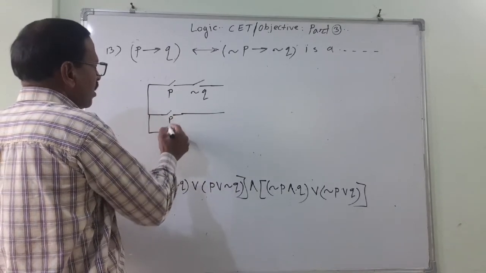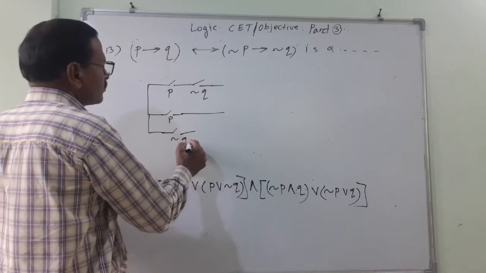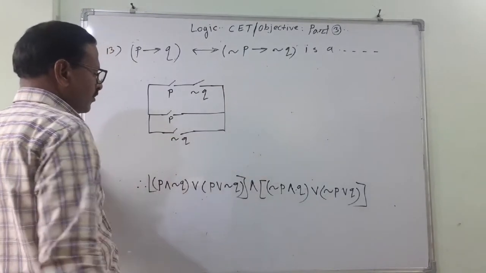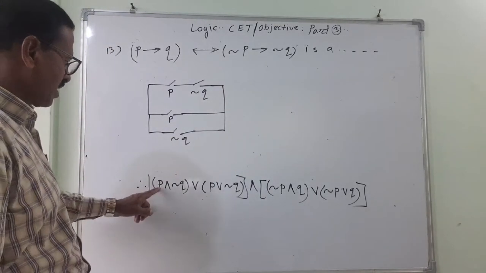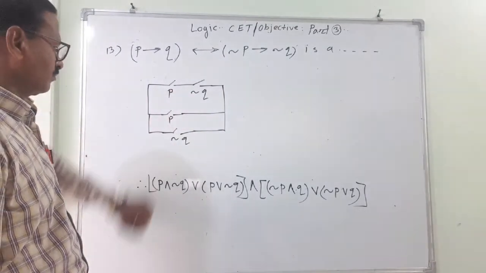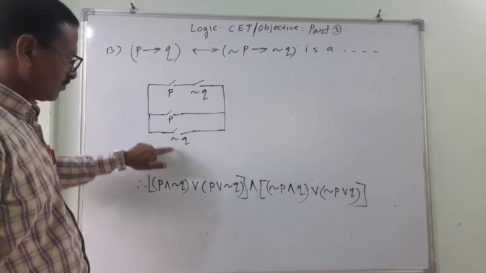Or this is P or negation of Q. This branch is over. See how I have constructed P and negation Q. This is S1 or this is S2.